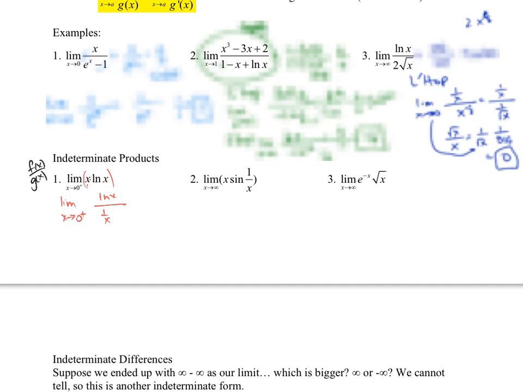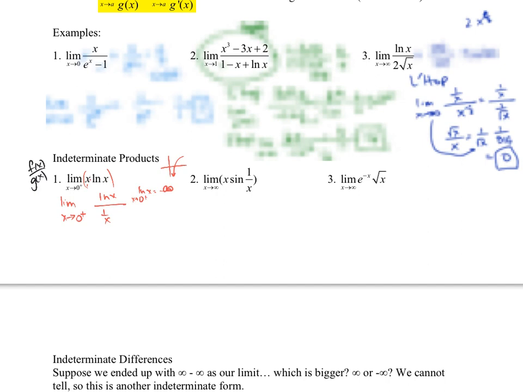So now, when I plug in 0 from the right, I will get the ln of x as it approaches 0 from the right. This is going to be negative infinity. Just think of the graph, right? When you take a natural log graph, it's going to go like that.